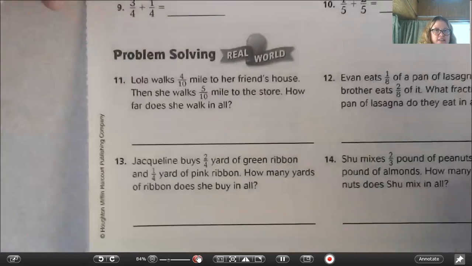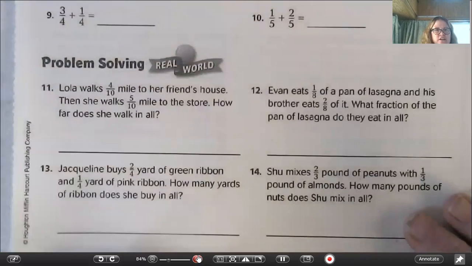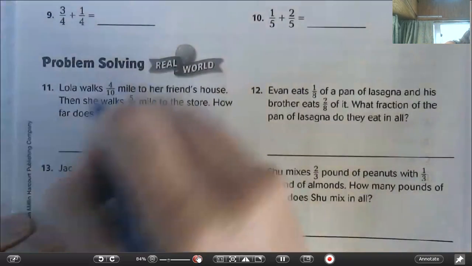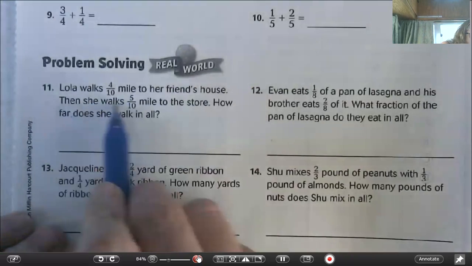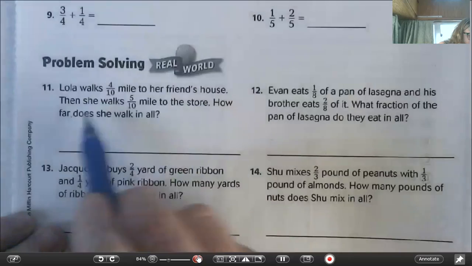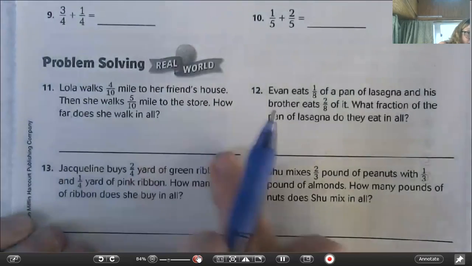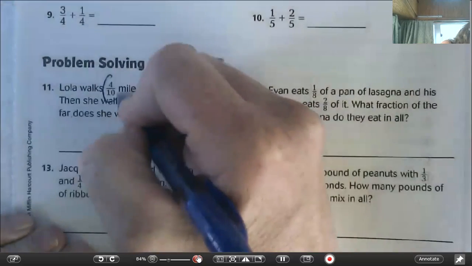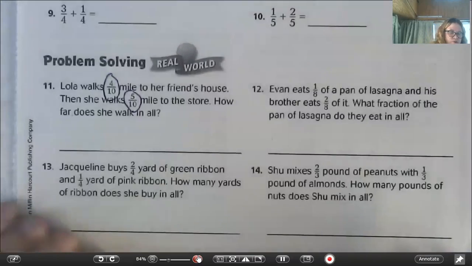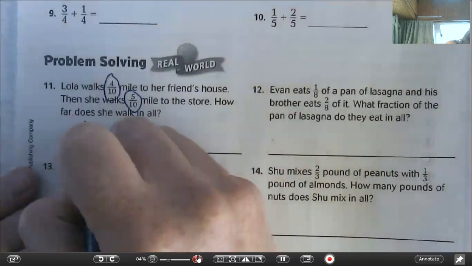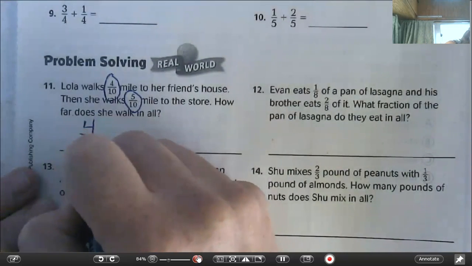Now let's look at these fractions. There, you need to just identify the fractions. Lola walks 4/10 of a mile to her friend's house, then she walks another 5/10. How far does she walk? So on this line, I want you to take the fractions that you see in your story problem, and then you are going to create your math problem.